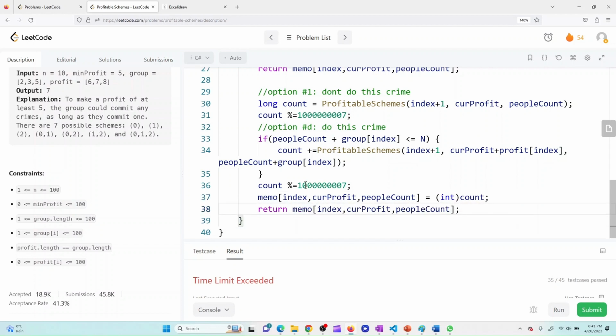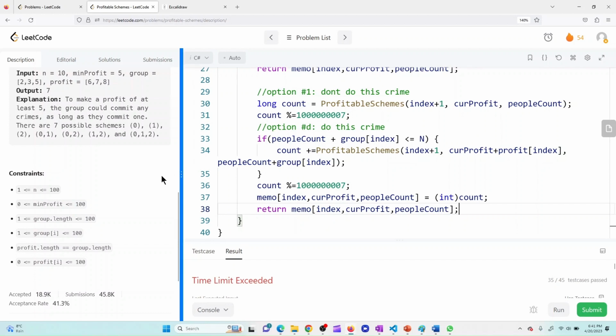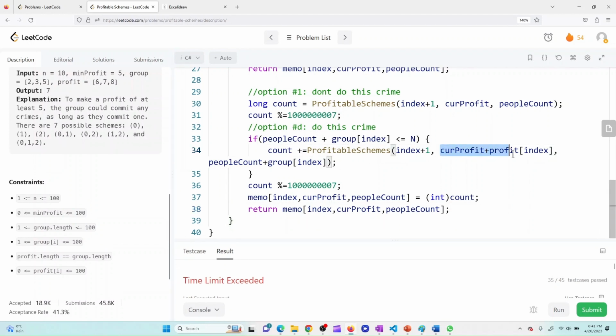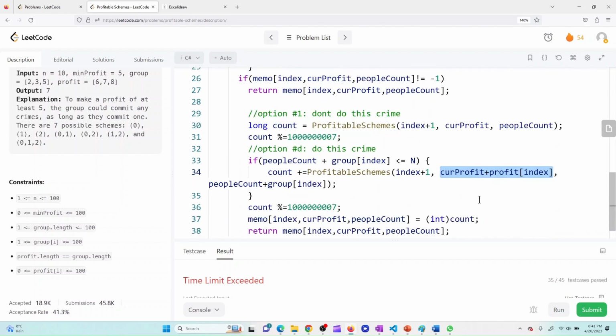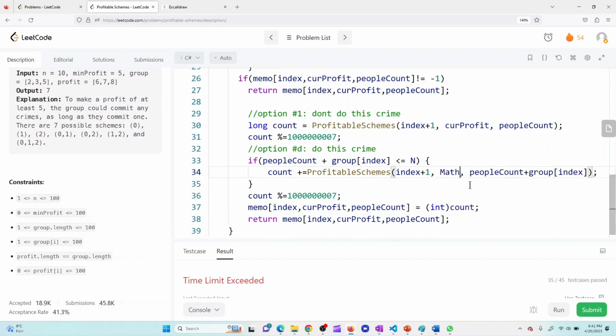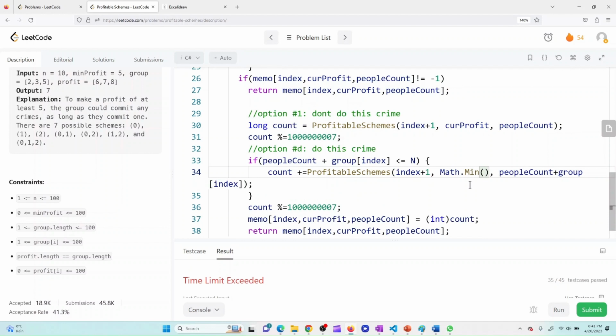Okay, now there is one very interesting part here, where I actually had to take the hint. This thing continuously keeps on increasing my profit, and that's why our memoization array will overflow. A technique for this is to keep the profit minimum, because what we really need is the minimum profit at the end to make a decision. So instead of passing this, I'm going to use Math.min of the current profit, the new profit, and the minimum profit.